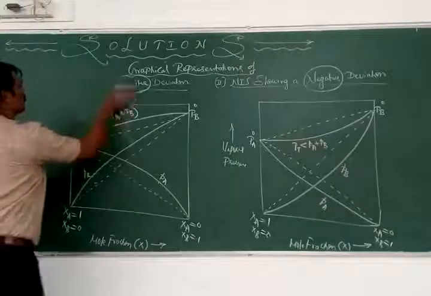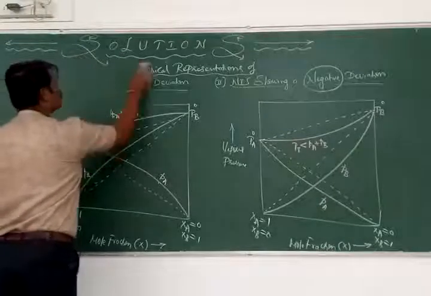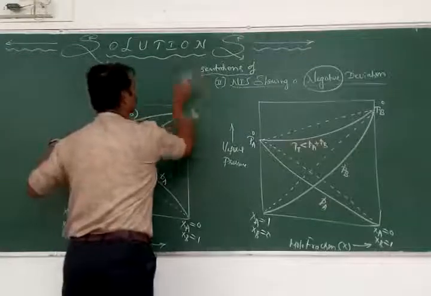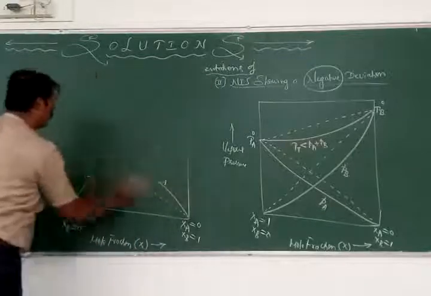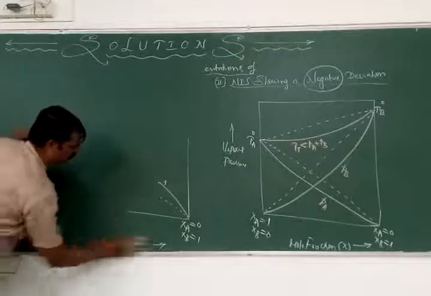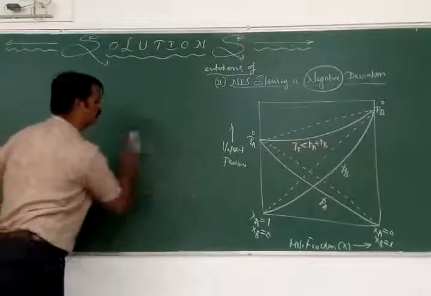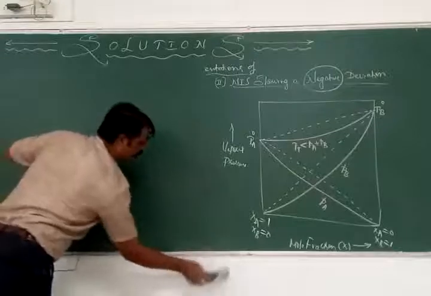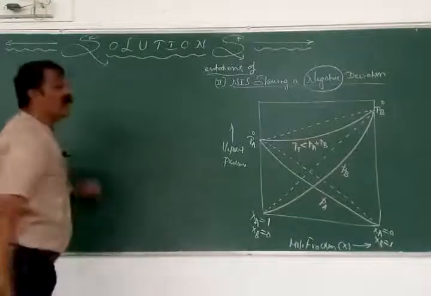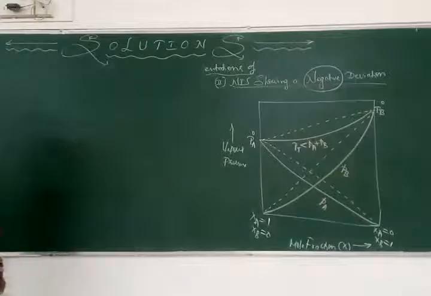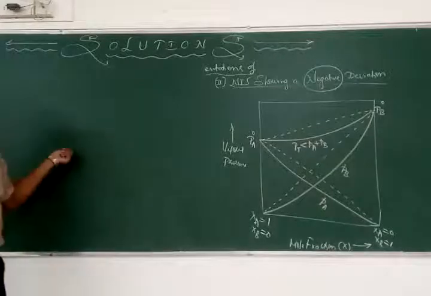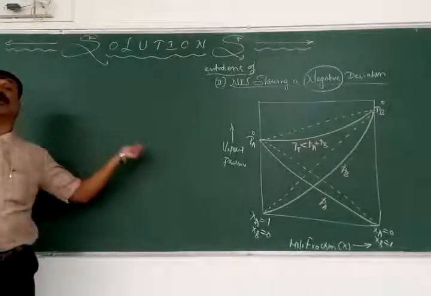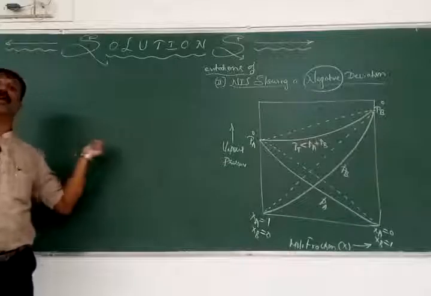Azeotropic mixtures. What are azeotropic mixtures? The examples related to non-ideal solutions showing a positive deviation are ethyl alcohol and water, and ethyl alcohol and acetone.